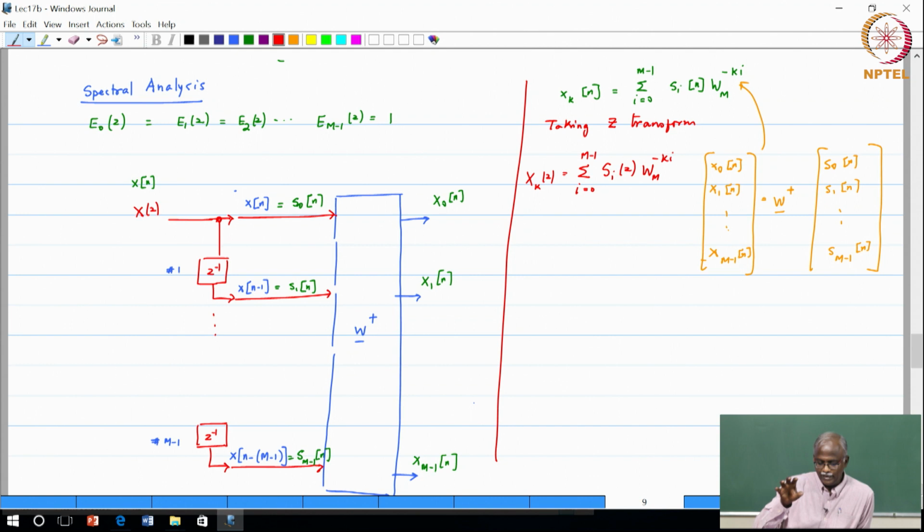Basically xk is a linear combination of some signals. If you want to take the z transform of xk, you have to take the z transforms of all the component signals, and that is a correct equation.